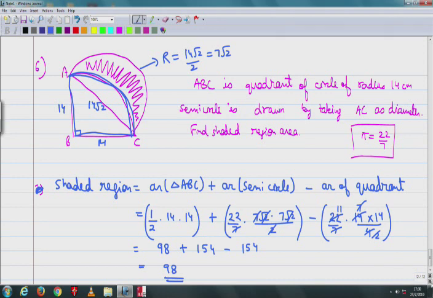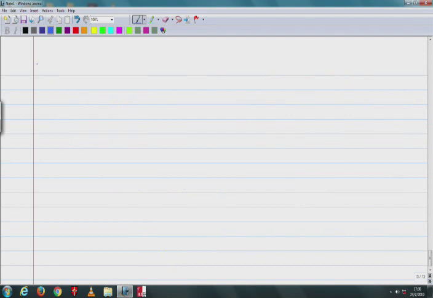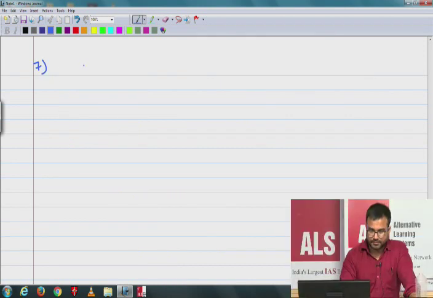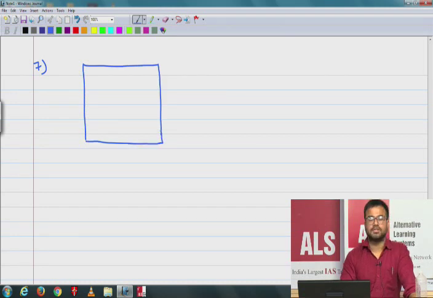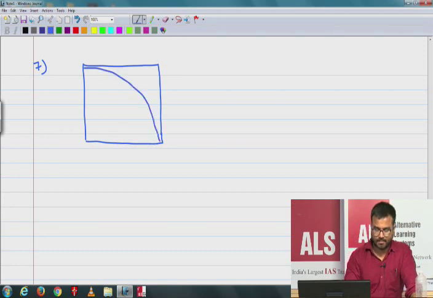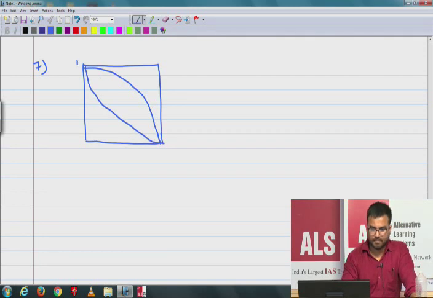Okay. Now try the next one. So this is the square. This is 8, 8, 8 and 8.